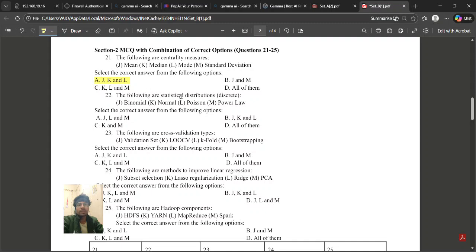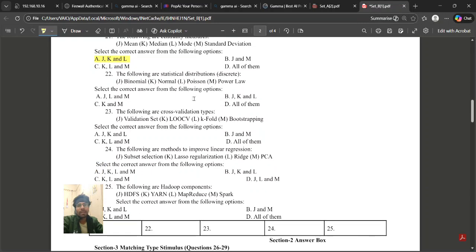Normal K is continuous, not discrete; it's the bell curve. Poisson L is discrete; it counts events in an interval. Power law M can be discrete or continuous, but in many applications like word frequency it is discrete. So the answer is A: J, L, M.